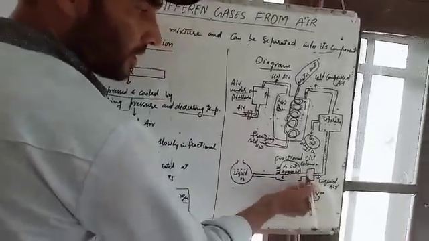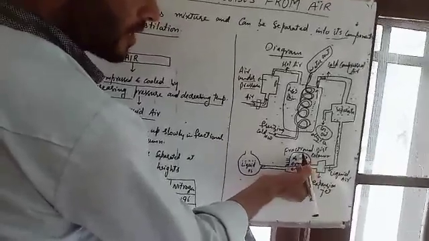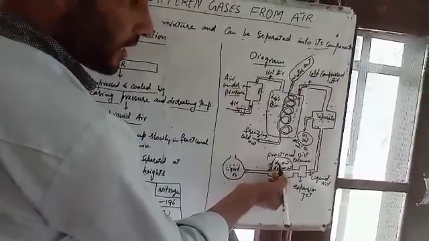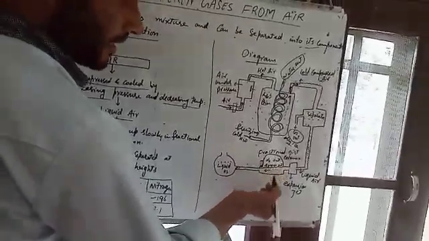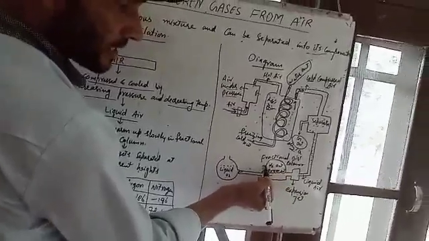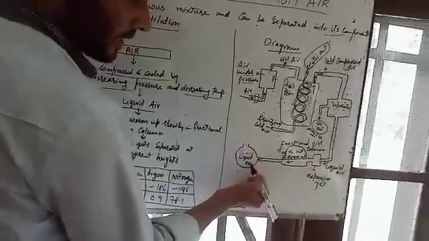In the expansion jet, there is a fractional distillation column, where these different components, oxygen, argon and nitrogen, get separated. Here in the fractional distillation column, N2 gets separated, argon gets out, and oxygen is collected here.